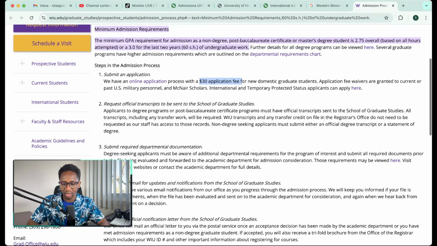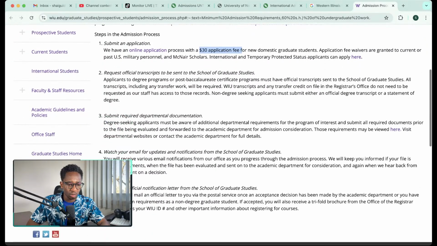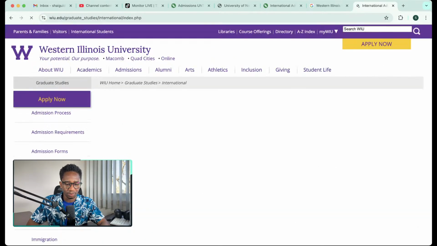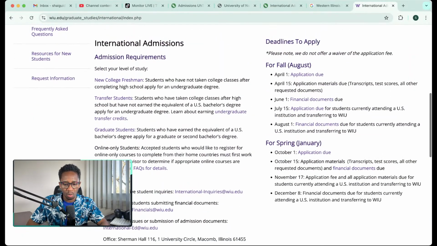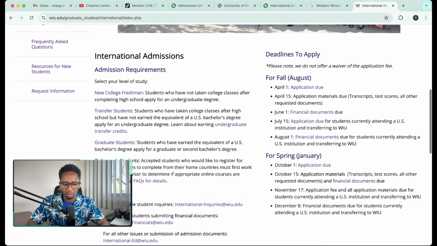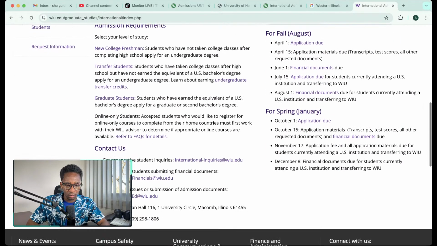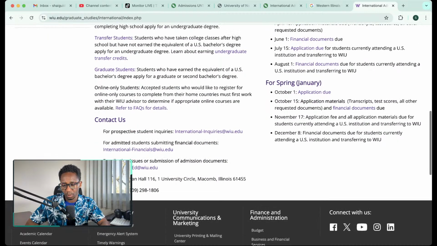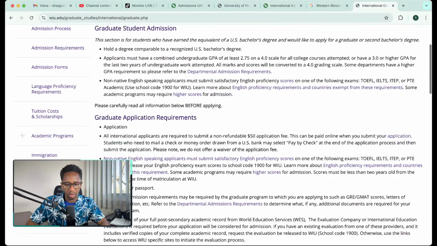What about international? For new domestic graduate students, let's look at international and see. So international students, they are saying they don't offer any waiver. Let me click here and see.